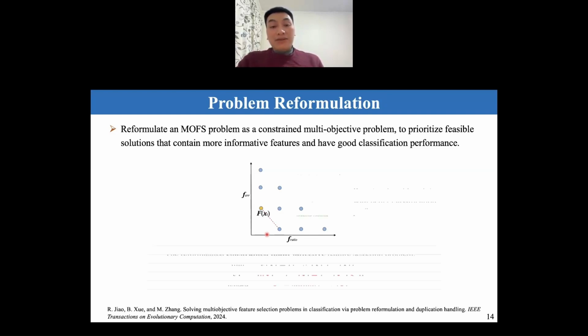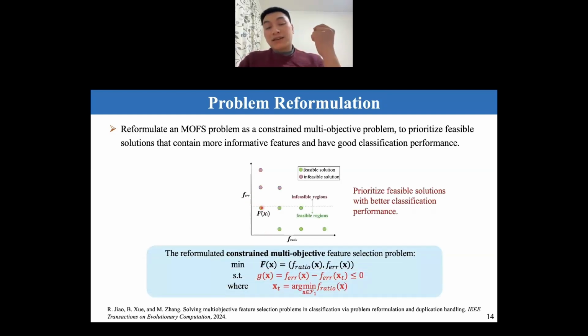Any solution with a higher error rate than the indicator point is not acceptable, and we call it an infeasible solution. All the solutions with an error rate lower than the indicator point are the feasible solutions, and we are going to focus only on the feasible solutions.